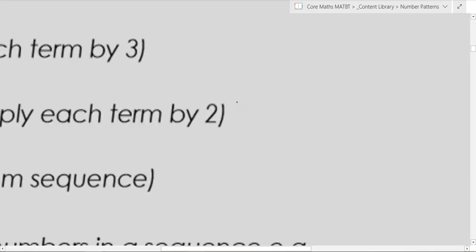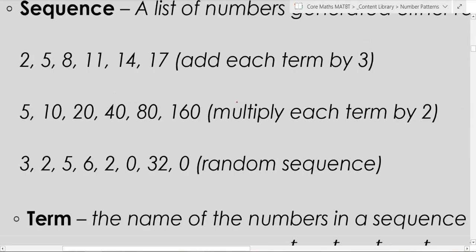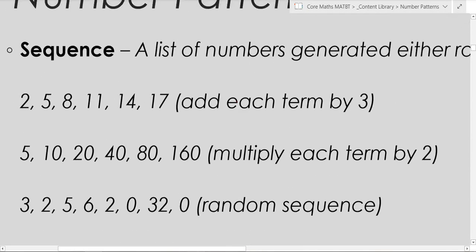If you look at these first three sequences right here, in the first sequence you've got 2, 5, 8, 11, 14, 17. We can see that it is going up by the same amount each time: it's adding 3 each time. This sequence, 5, 10, 20, 40, 80, 160, is multiplying by 2 each time, so it's doubling.